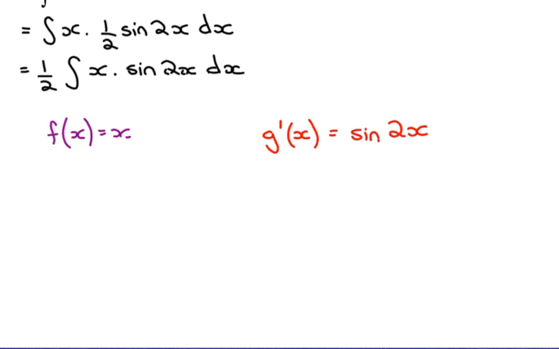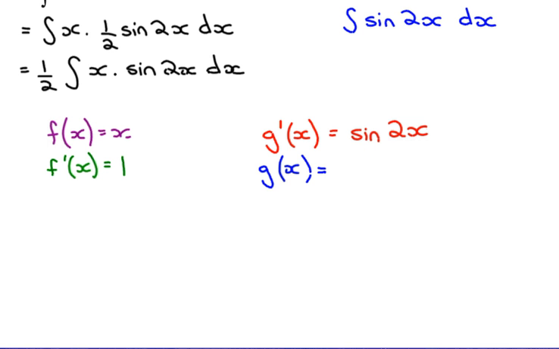Alright, so now let's differentiate. The derivative of x is 1. And I want to find the antiderivative here of sine 2x. If you need to, just go back and say, well, I'm integrating sine 2x. This can definitely happen in your head. According to my table, if I want to integrate sine 2x, I need a negative.